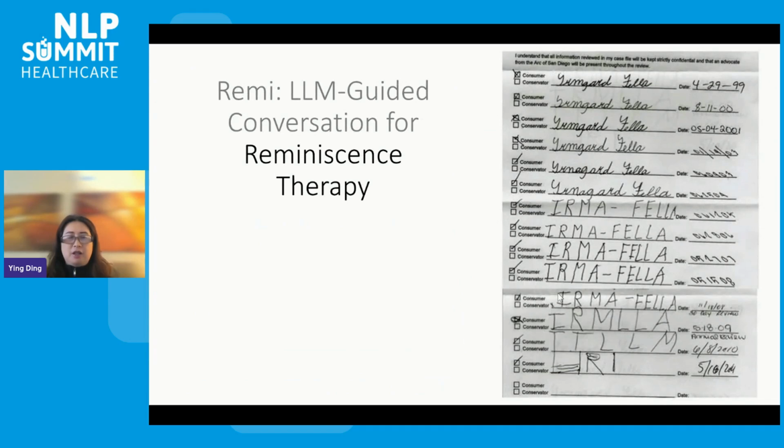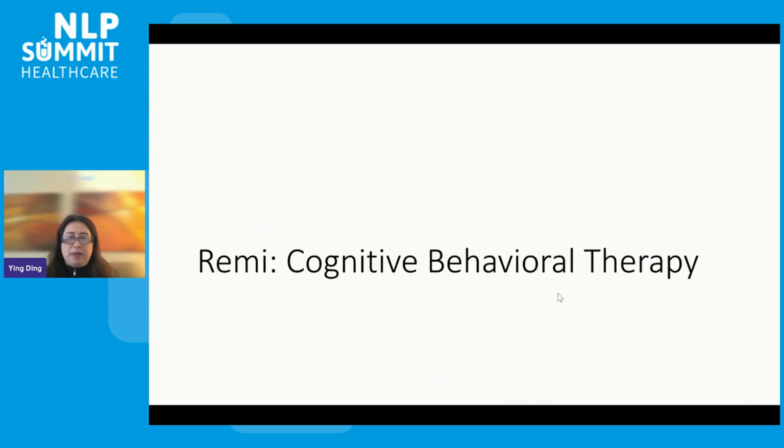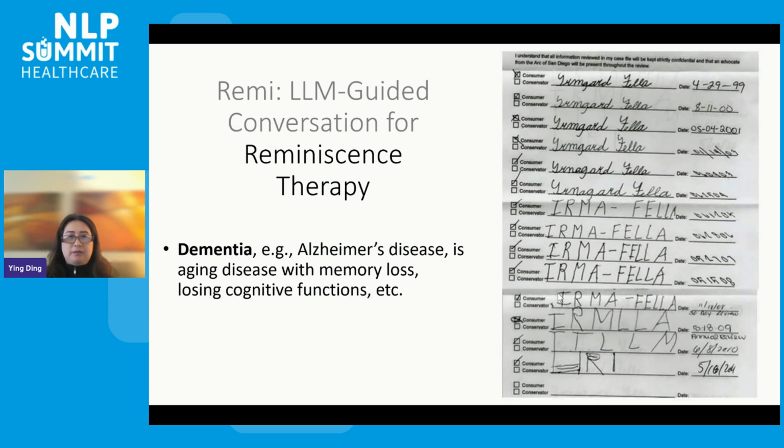First, our chatbot is called Remy. I will talk about how Remy can help with cognitive behavior therapy. This is a very specific therapy called reminiscence therapy, for early dementia, for people with Alzheimer's disease or aging-related memory loss.